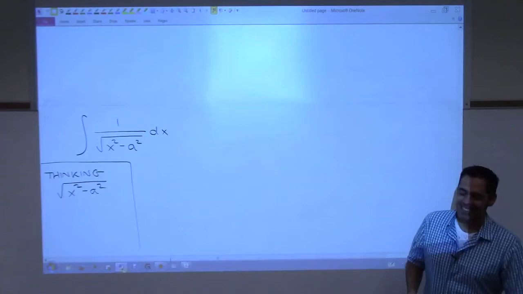And what am I missing? The dx here must be replaced. That's where most students forget. They forget the dx has to be replaced also. So dx is 5 secant theta tangent theta d theta.